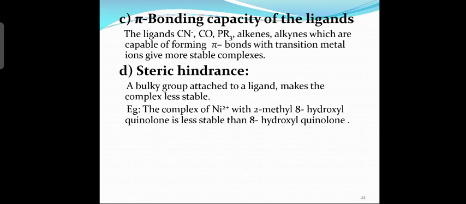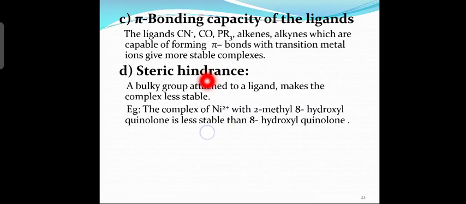Okay. Then next is pi bonding capacity of the ligands. The ligands like CN minus, carbonyl ligand, PR3, alkenes, alkynes, which are capable of forming pi bonds with the transition metal, give more stable complexes. Any ligand which is capable of forming pi bonds, okay, can form more stable complexes.